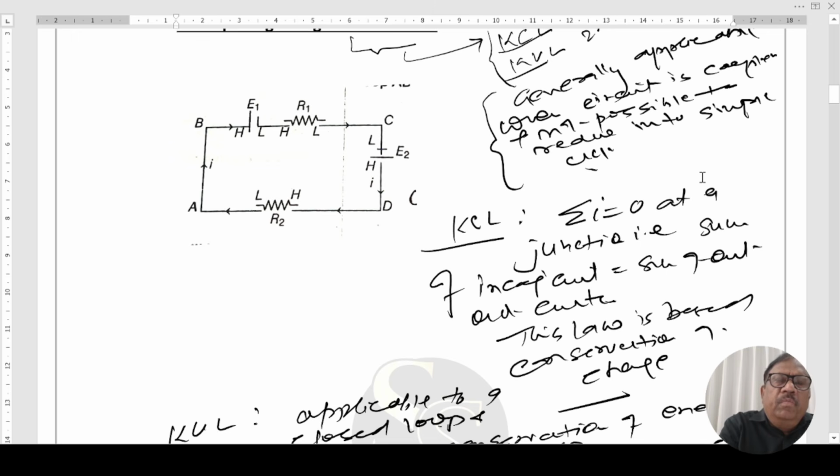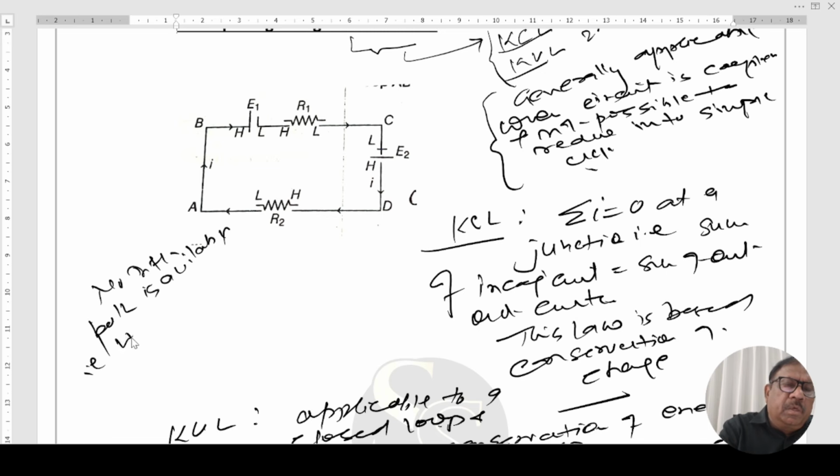Now in this case, if we start from A, B, C, D, no different path is available. That is, we can say a single wire is there, so we can move like this.